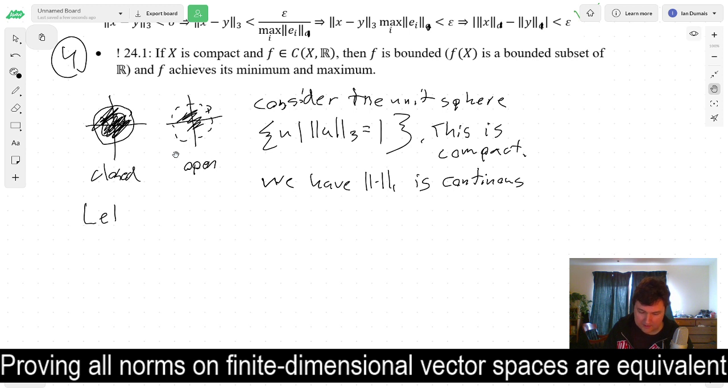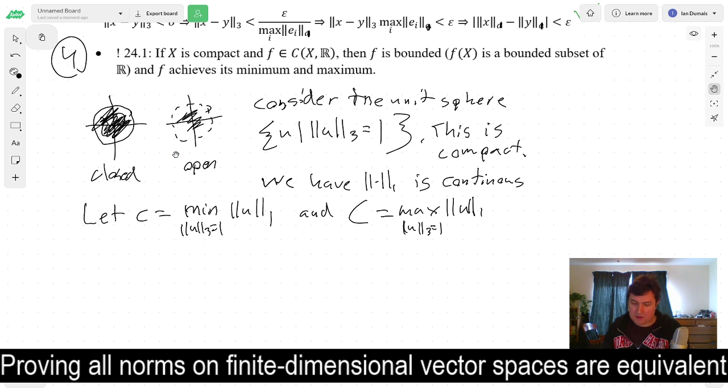So we're going to let little c be the minimum over this unit sphere of passing u through norm 1. And big C is the same, except max. So we know these exist on the unit sphere because of the theorem. We're going to call our little c the min and our big C the max.